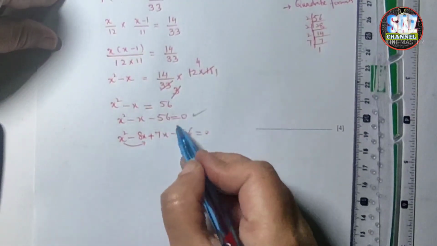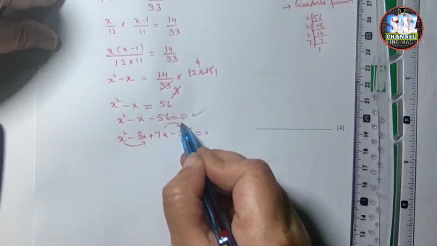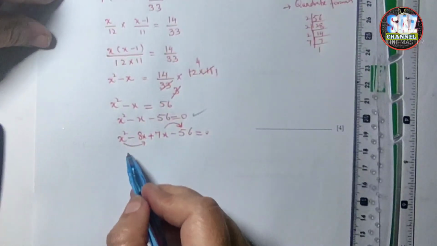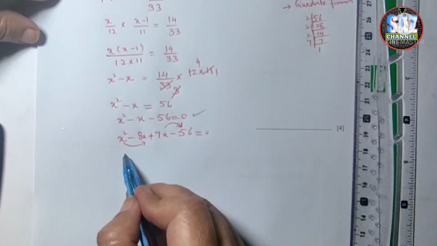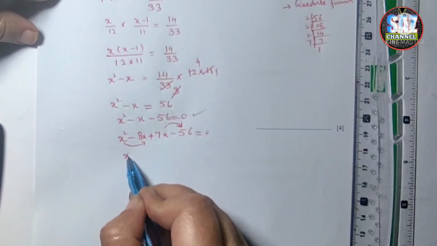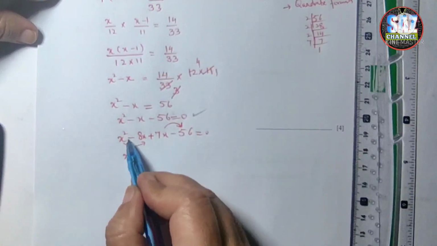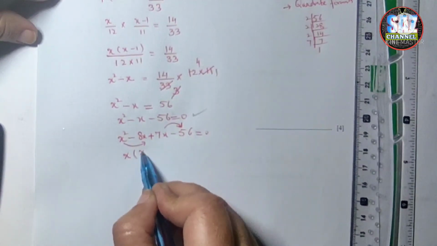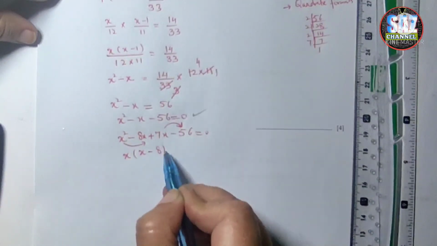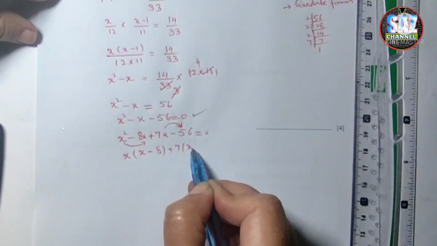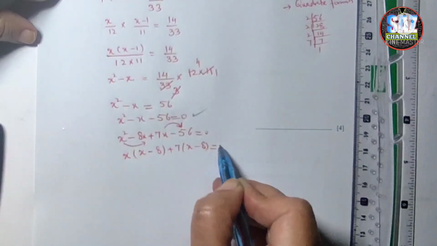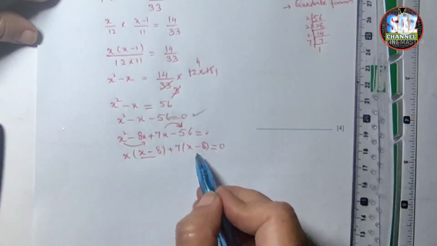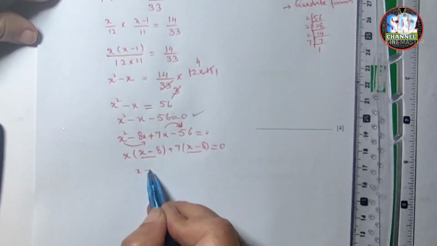Now you can see that the examiner is combining multiple concepts in one question. Here the probability is involving algebra as well. Previously the trigonometry was also having algebra, so please have good command on all these concepts. x into x minus 8 plus 7 into x minus 8 equals 0, and x minus 8 is the common factor.